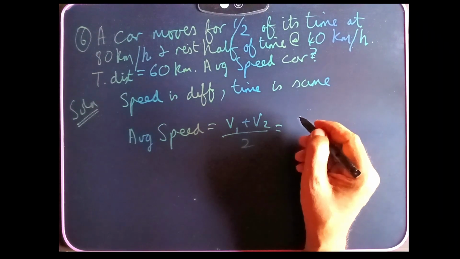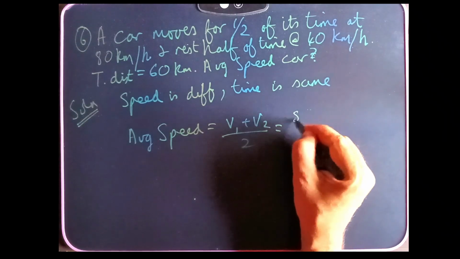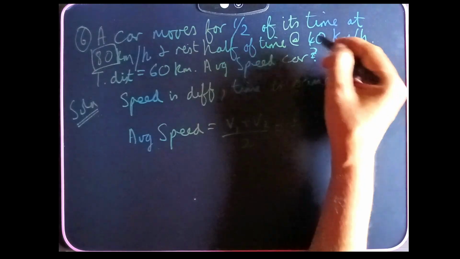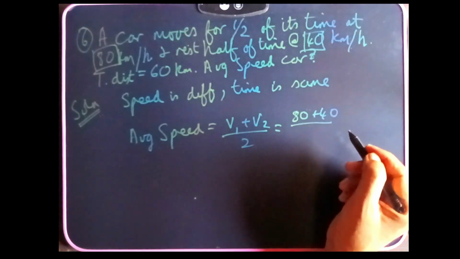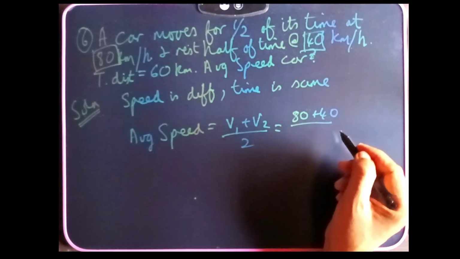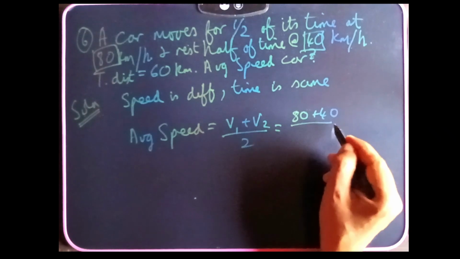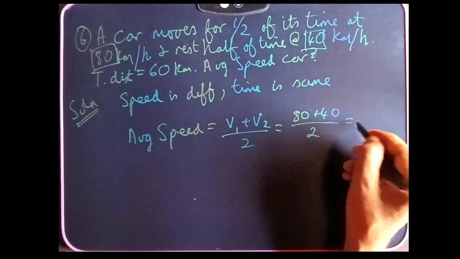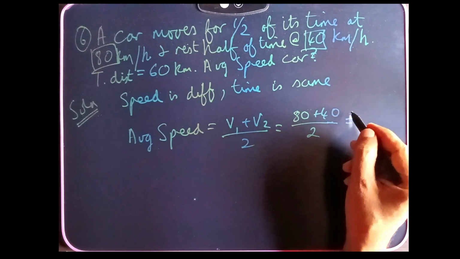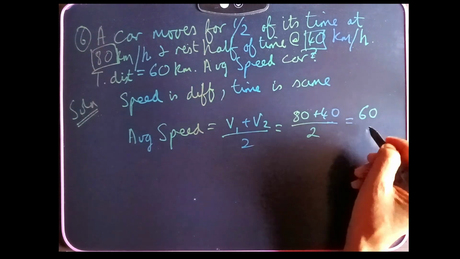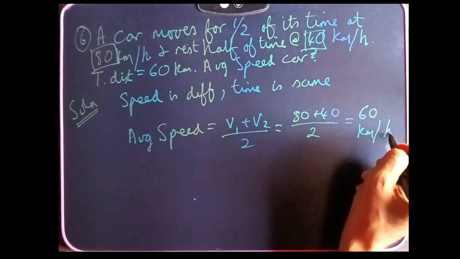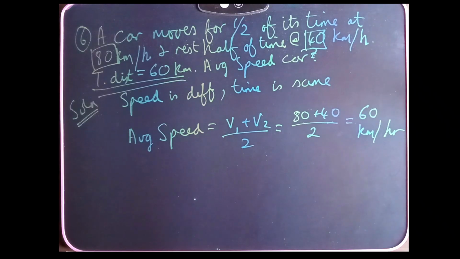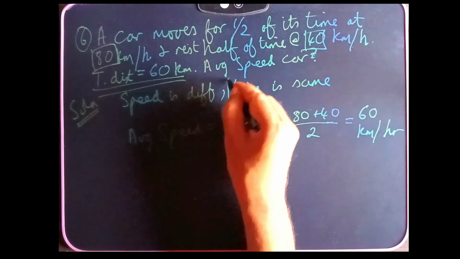So you'll do V1 80 plus 40, right? This is the total of the velocities. 80 plus 40 divided by 2, you'll get 120 divided by 2, you'll get 60 kilometer per hour. So there was no need to consider the distance. Speed is different, time is same.